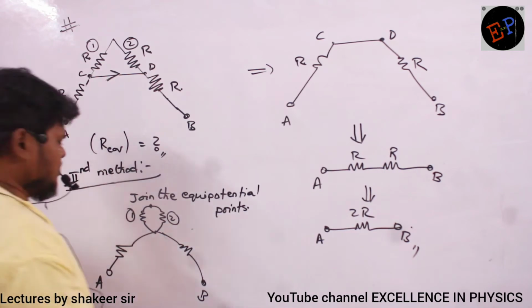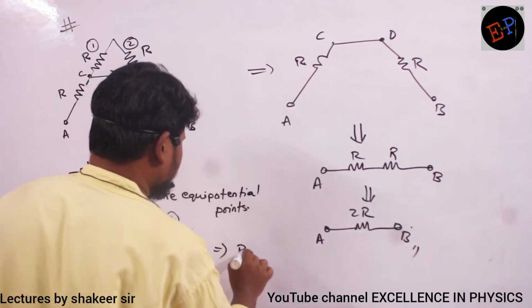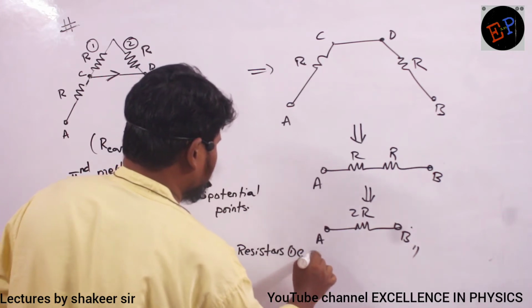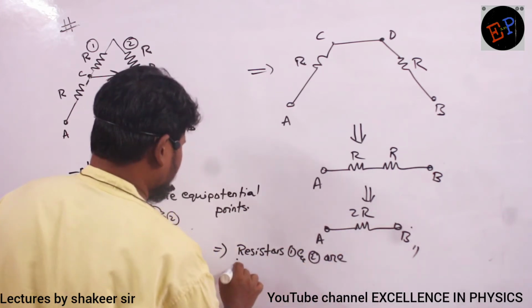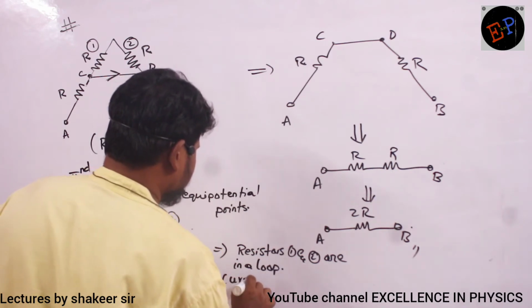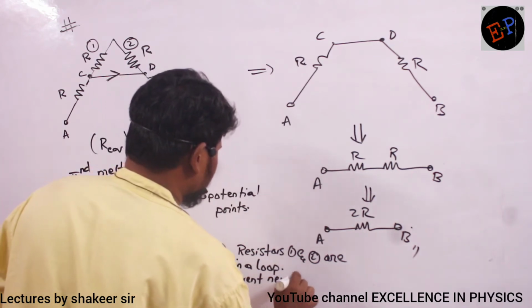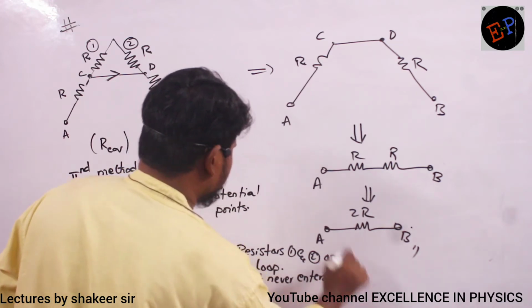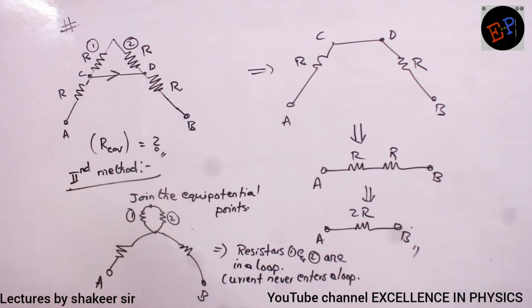Clear? So therefore what I say here, resistors 1 and 2 are in a loop. Okay, and current never enters a loop. So therefore you can remove the loop and again the equivalent resistance will become 2R.